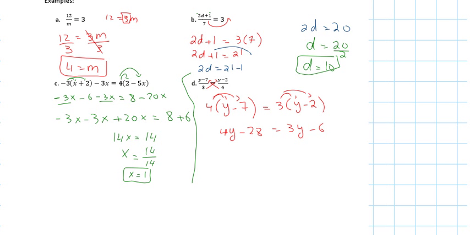Bring the y's to the same side. Bring the numbers to the other side. So I have 4y minus 3y equals, if I bring the negative 28 over, it becomes a positive 28 minus 6. So 4y minus 3y, that's just y, equal to 24.